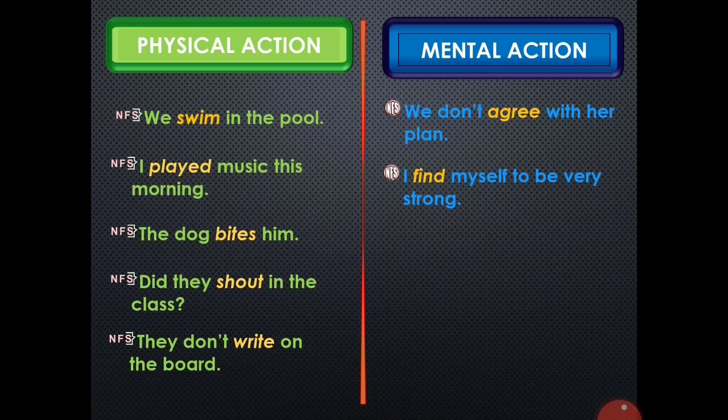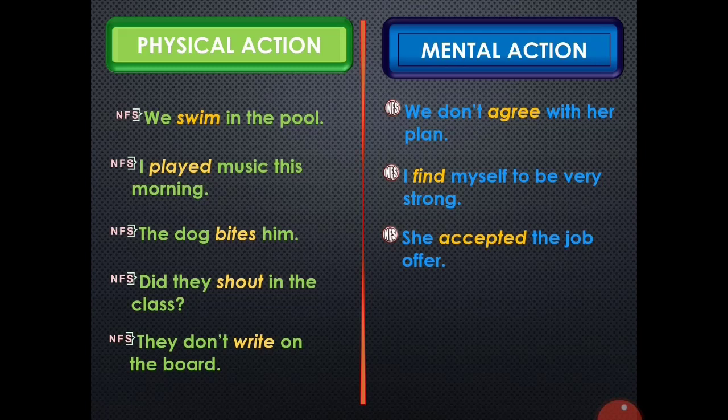But for you, I think it's ugly, right? Anyhow, jokes apart, I find myself to be very strong. It means I think about myself to be a strong man. Thinking involves mental action here.